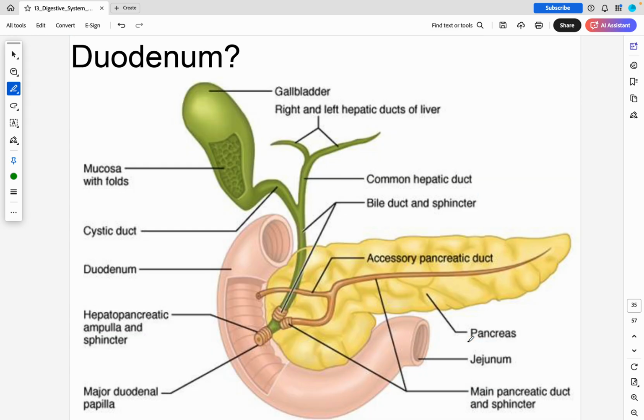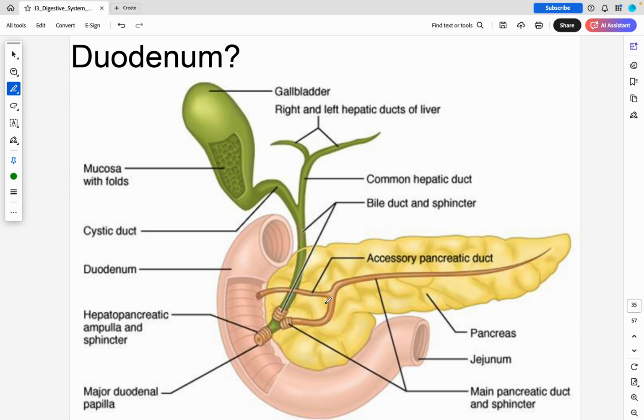Okay. So let's take a look at two accessory organs associated with the small intestine. We have here the pancreas and the gallbladder. The pancreas produces pancreatic juice.